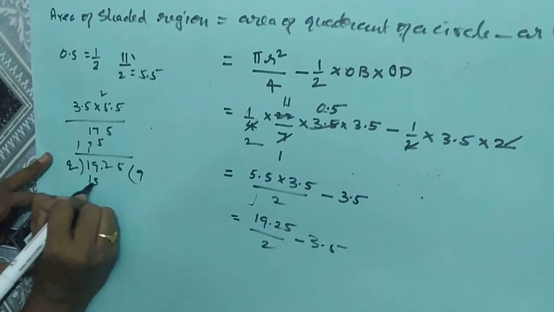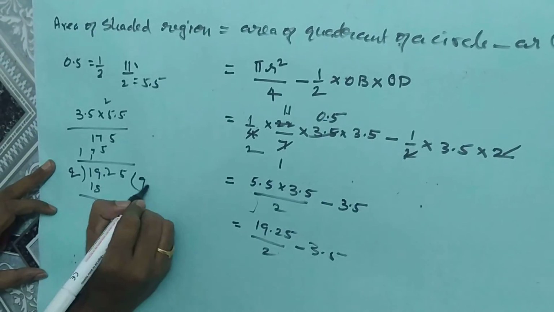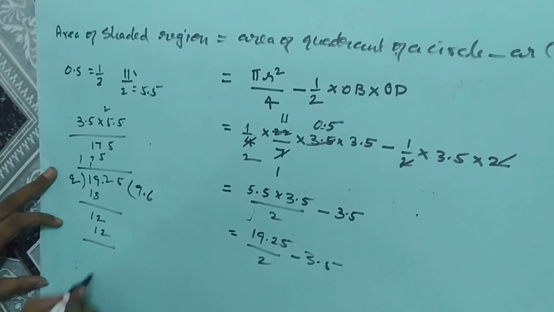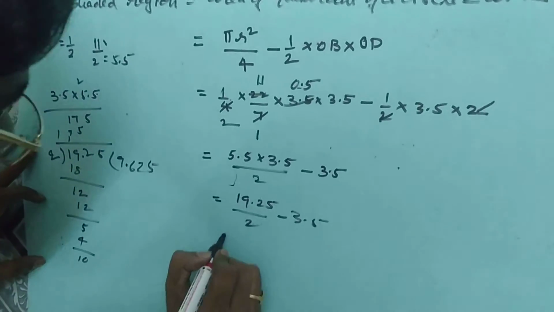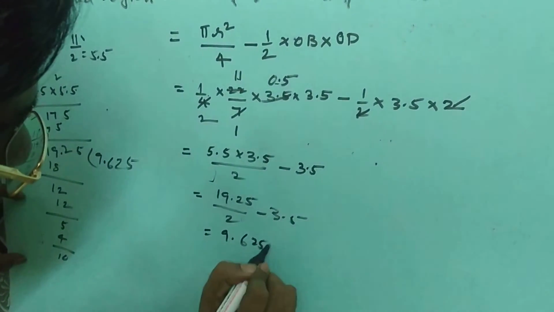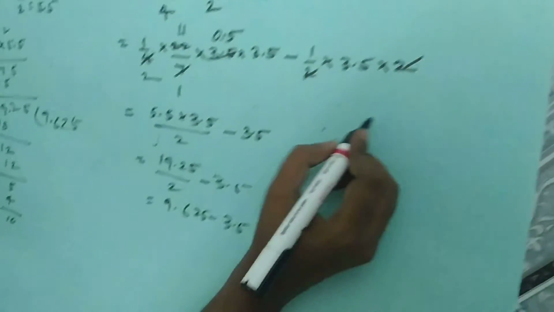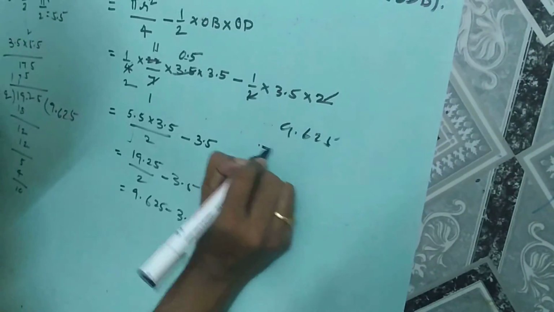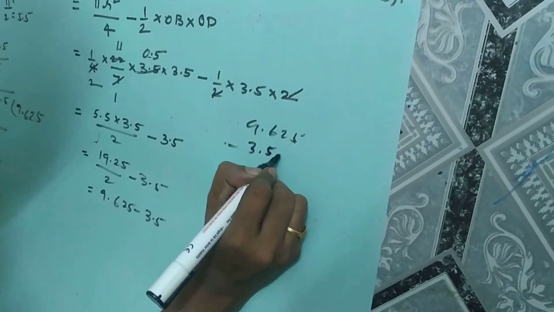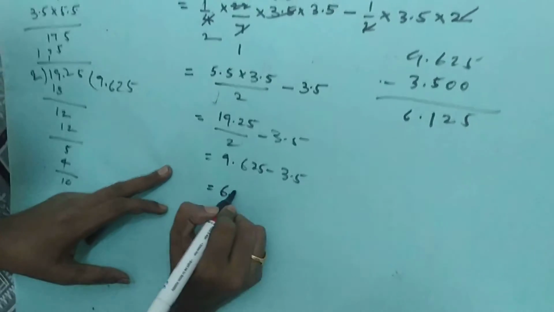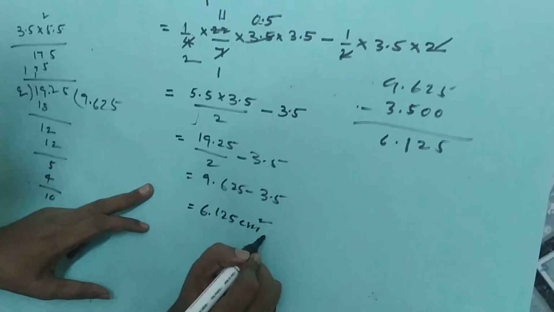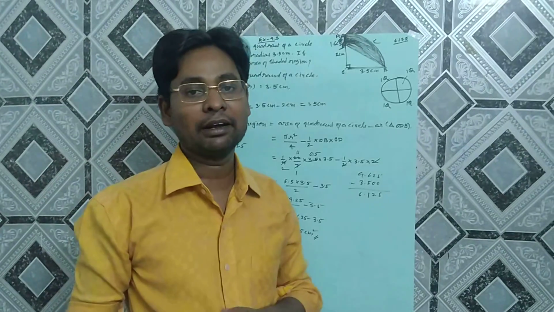That equals 9.625 minus 3.5. 9.625 minus 3.500 equals 6.125 centimeter square, which is the required area of the shaded portion in the quadrant of a circle.